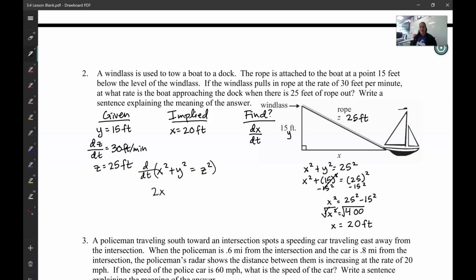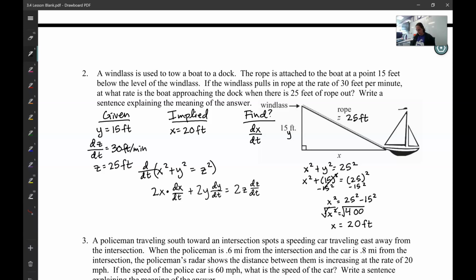Now we use that implicit differentiation rule, times the derivative of x, but this time it's not dx, it's dx/dt, because I'm taking the derivative with respect to time, plus 2y times the derivative of y with respect to time, and 2z times the derivative of z with respect to time. So I've now taken the derivative of all of this with respect to time.